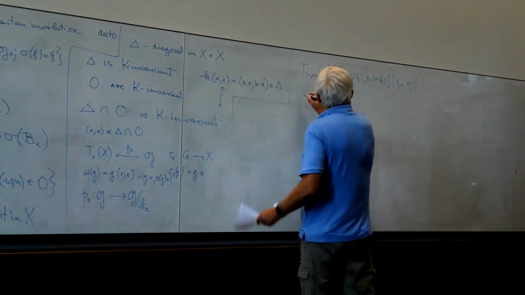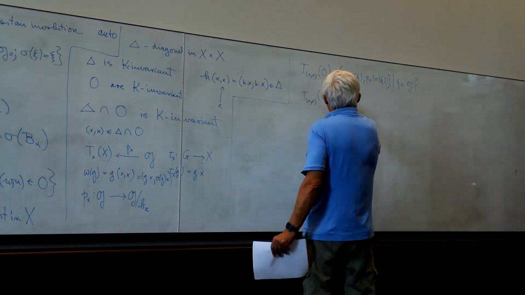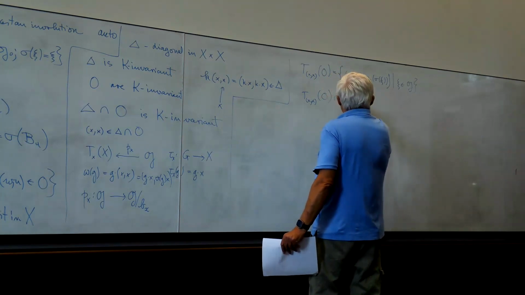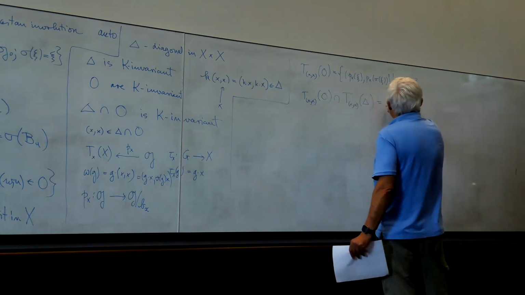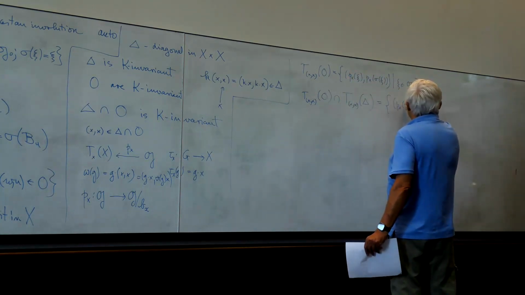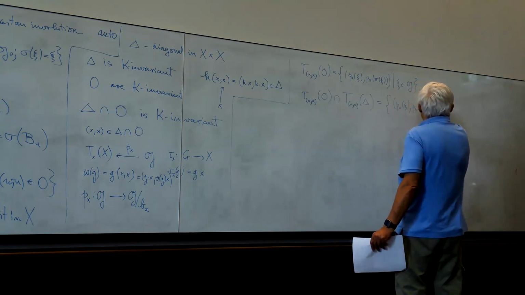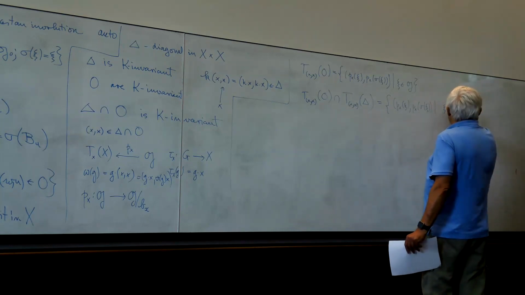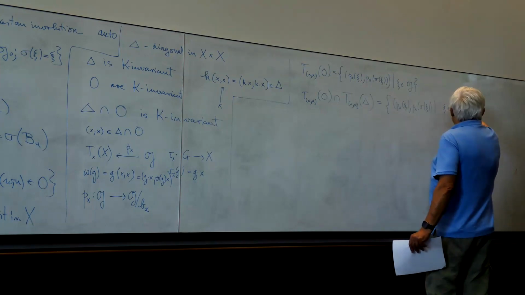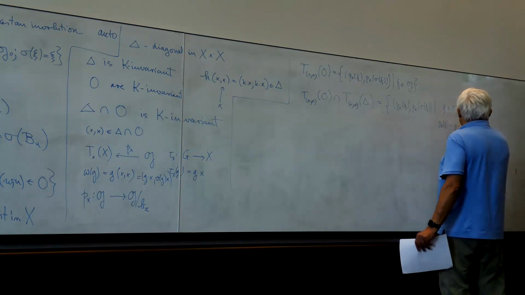So if I look at the tangent space of O at (x, x) intersected with the tangent space of the diagonal, this is the set of these (p x c, p x sigma c) for c in g, but also such that p x c is equal to p x sigma c.